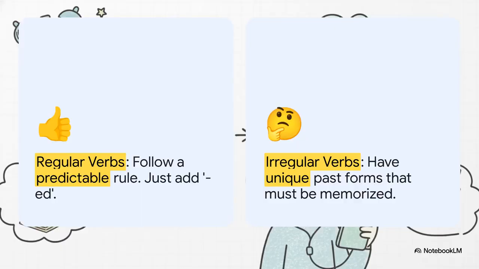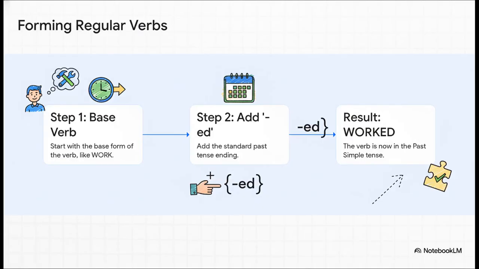Now, when we send a verb into the past, it takes one of two different paths. Some verbs are regular, they're predictable, they follow a simple rule. But others are irregular. They're the rebels. They break all the rules, and you just kind of have to get to know them one by one. For the regular guys, life is super easy. You just take the verb, like work or call, and you stick ed on the end.